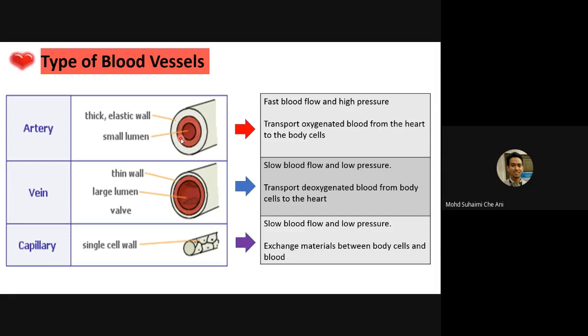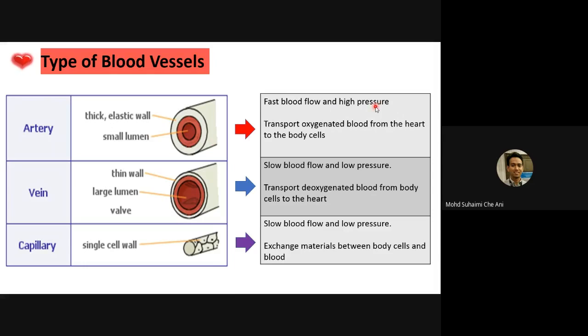Same thing with the artery. The artery has a small lumen, so that the blood goes faster. When the blood goes faster, you have another problem, which is the high pressure. So in order to maintain it so that the artery will not burst or break, they have a thick, elastic and muscular wall in order to adapt to the high pressure.